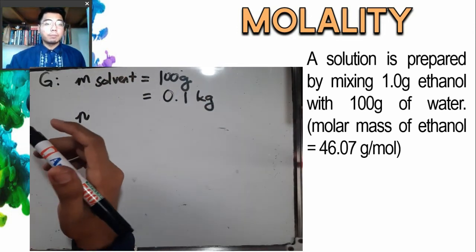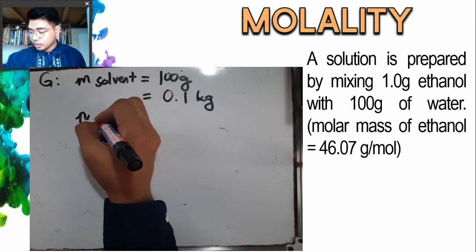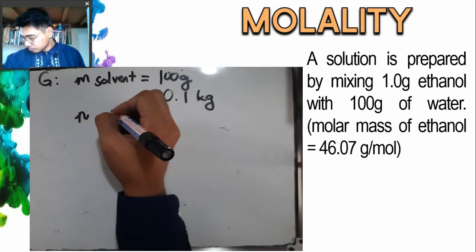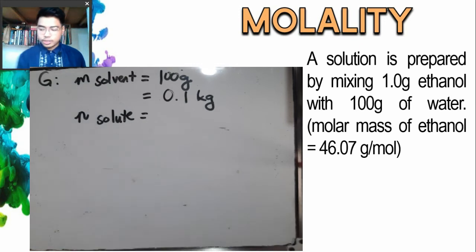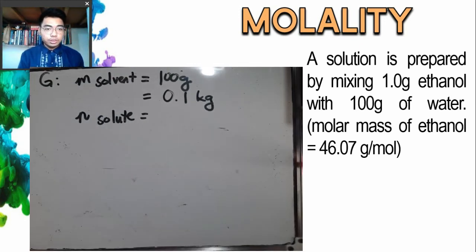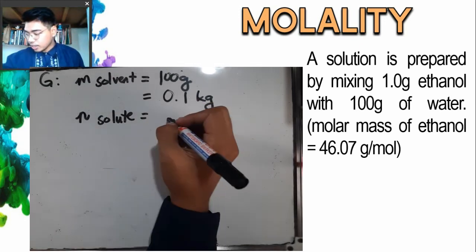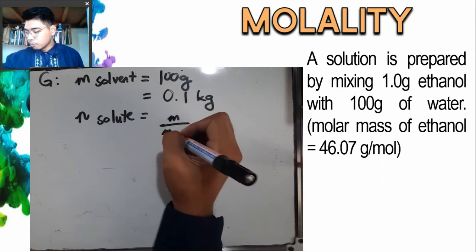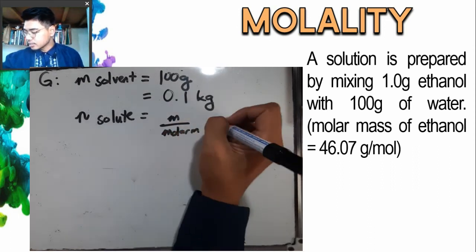What would now be the number of moles present in the solute? Once again, we are going to utilize the formula mass over molar mass.